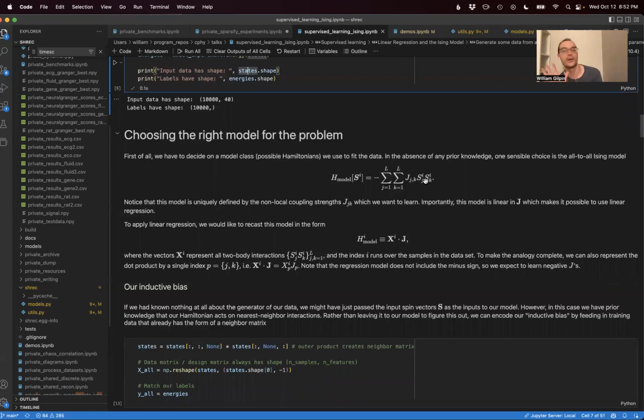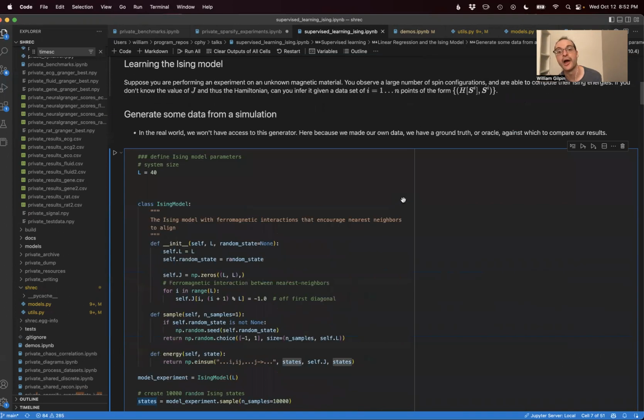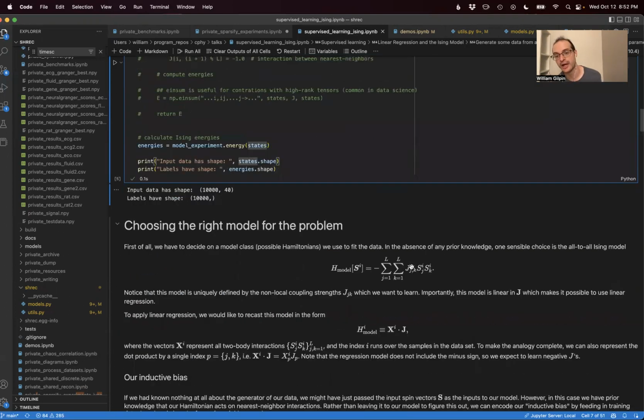If I just say that J was some generic matrix where I might have all sorts of interactions across the lattice, then I might want to write the Hamiltonian in terms of a sum over every pair of neighbors. So this is slightly more elaborate notation that will reduce back to our original Hamiltonian for the case where big J of J, K is a matrix with just that nearest neighbor diagonal. So this is a more general version of that.